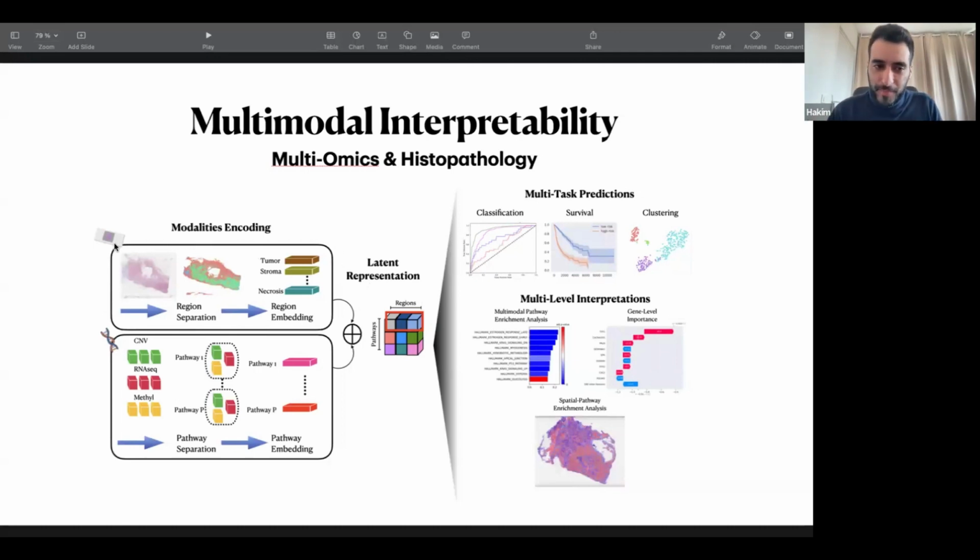So for the histopathology part, when building the histopathology embeddings, we do it for each type of region in the histopathology.